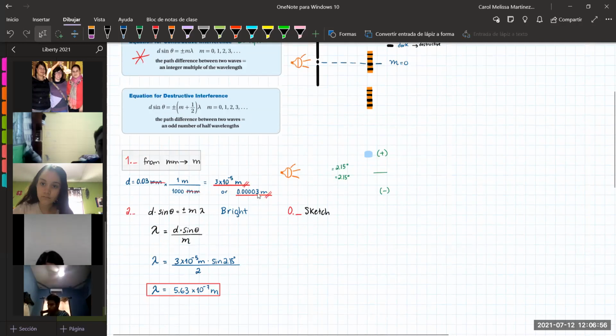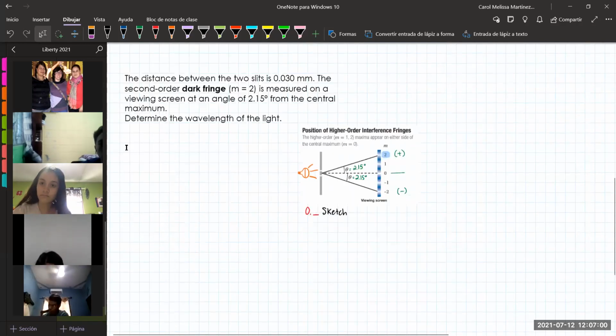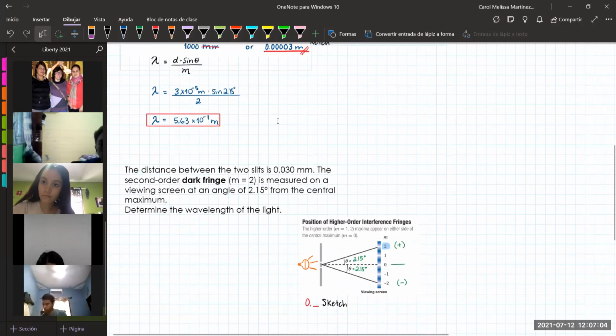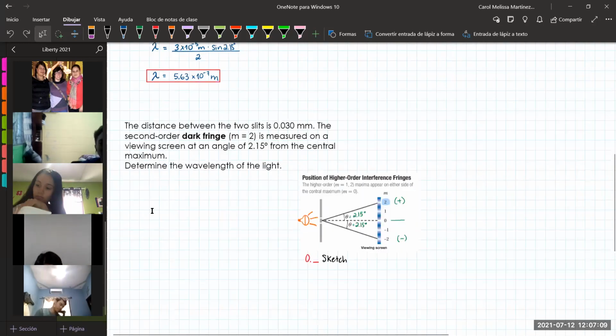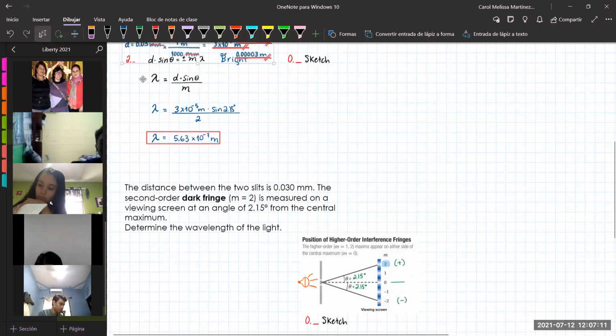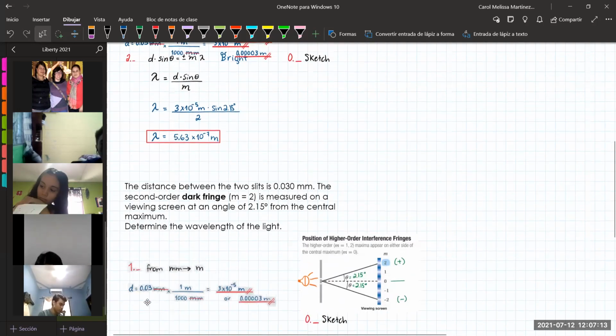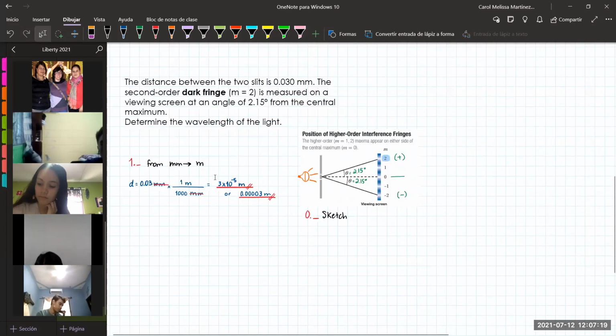The first step is also not going to change because it's the same data, so you will have to do the same conversion process. But the second step changes because now we have dark fringe instead of bright fringe.